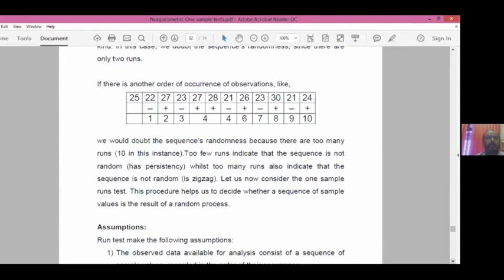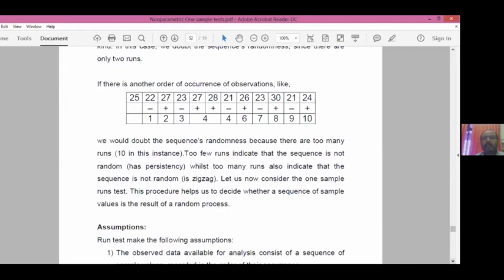We would doubt the sequence's randomness because there are too many runs, 10 in this instance. Too few runs indicate that the sequence is not random, has persistency, whilst too many runs also indicate that the sequence is not random, it is a zigzag.